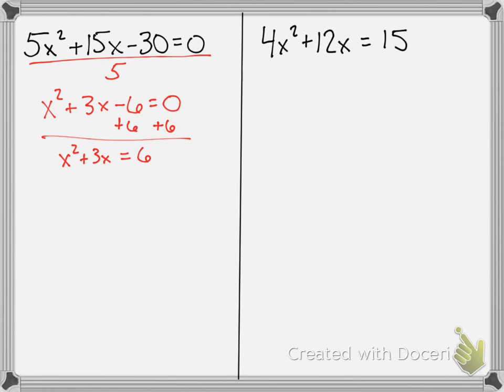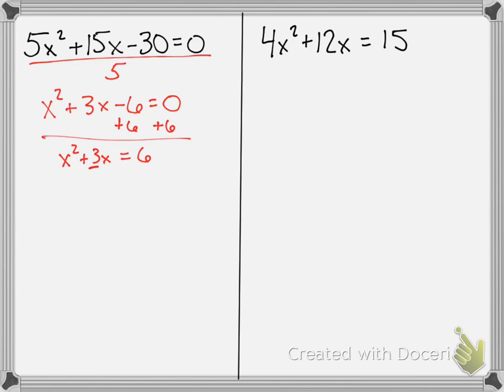Now, when I do this next step here, you look at that b term in the middle, it's 3. So, with an odd number term, it's still going to be the same process here, but you're going to get some fractions. So, if I take 3 and cut it in half, I'd have 1.5, or 3 halves. I then take that and square it.